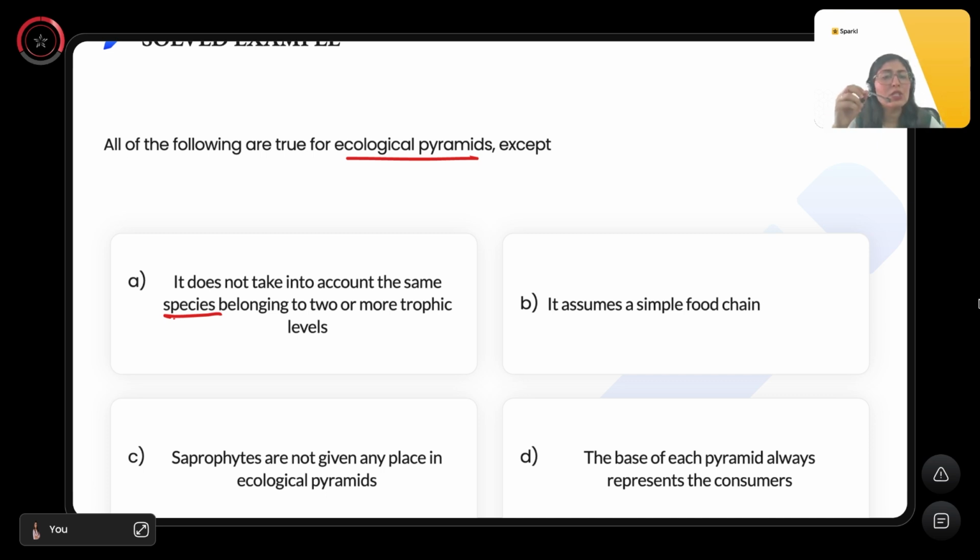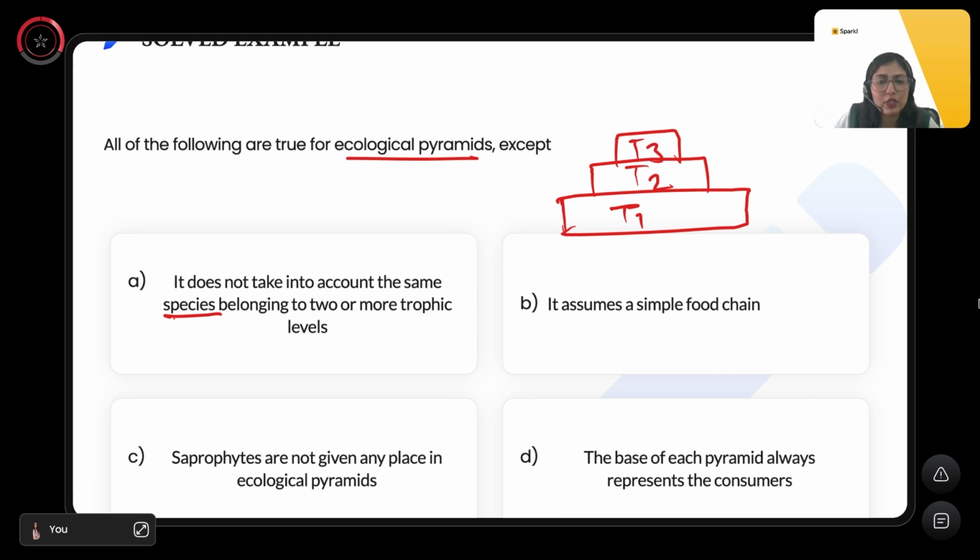Now this is a correct statement for ecological pyramid, क्योंकि बेटा यहाँ पे अगर एक स्पीशीज T1 trophic level पे है और there's another species at T2 trophic level, T3 trophic level, like birds. They can be herbivores also, they can be consumers, secondary consumers also. Now यहाँ पे in ecological pyramid हम we cannot take into account the same species belonging to two trophic levels at the same time. Okay.